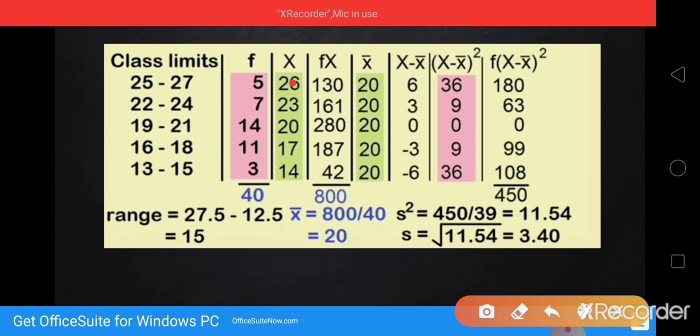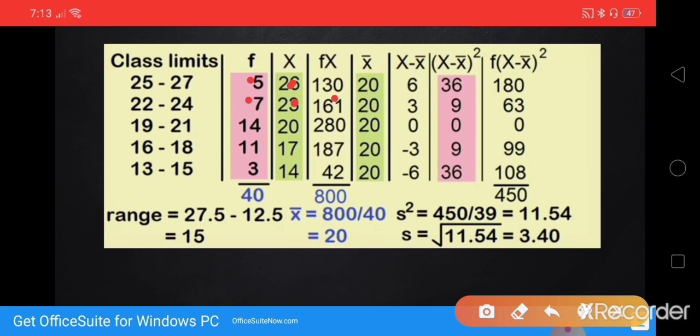That is the process on how to find the class mark. For the fx, how to solve fx? That is frequency times class mark. So you multiply the frequency and the class mark. For example, 7 times 23 is 161.